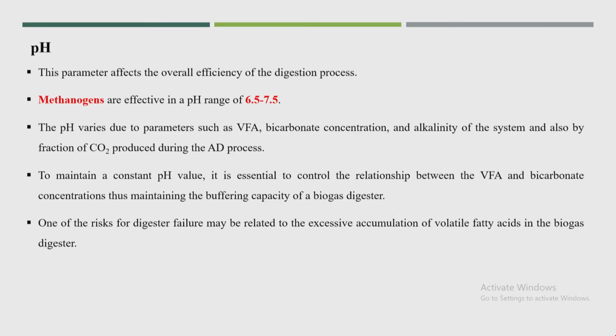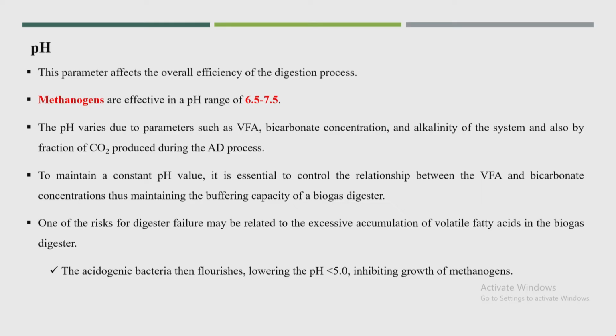One of the risks of digester failure may be related to excessive accumulation of volatile fatty acids in the biogas digester. This is what I was telling about. If there is excessive VFA production, the pH will drop drastically, and that could be one of the risks of failure of the biogas reactor.